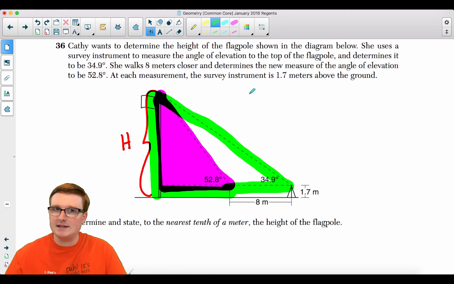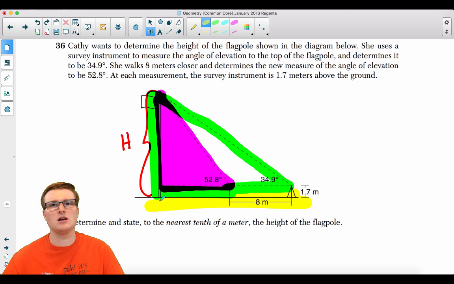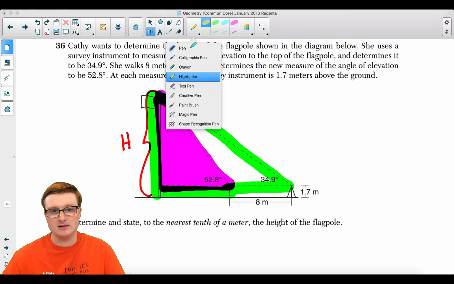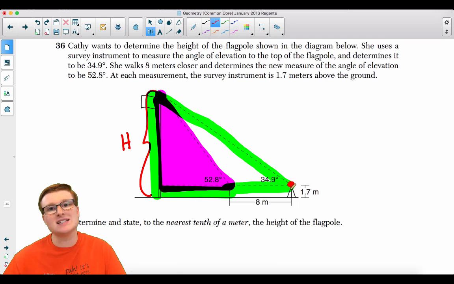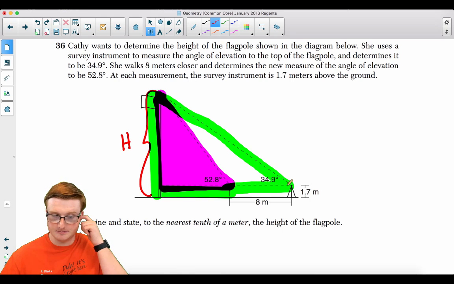Now, why am I telling you this? And first of all, why am I not highlighting down here? Why is this all of a sudden gone? Because that's not a triangle. The triangles start at this point. They start over here because that's the measurement instrument. So it has to start up here.